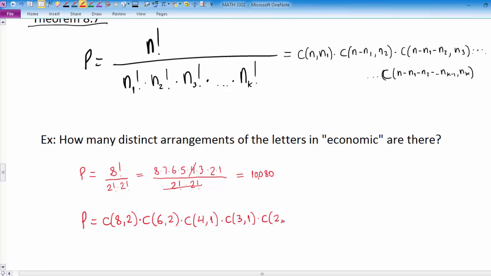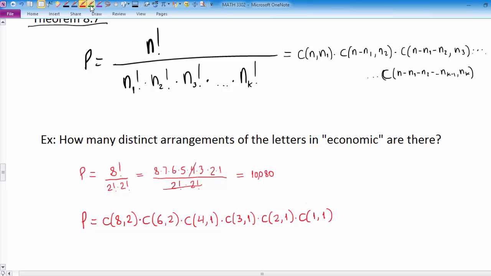We're going to pick 1 for the letter M. And finally, out of the remaining slot, which is only 1, we're going to pick 1 slot for the letter I. And that's another way of getting the number of arrangements.